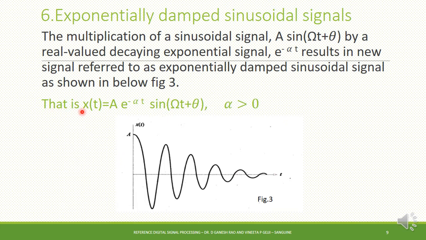Here I have written the expression: the continuous time signal x of t is equal to A e to the power of minus alpha t sine of omega t plus theta, where alpha is always greater than 0. This is the representation of the exponentially damped sinusoidal signal.